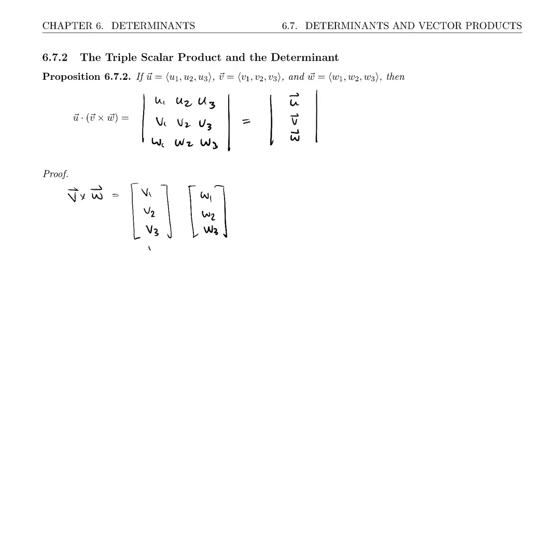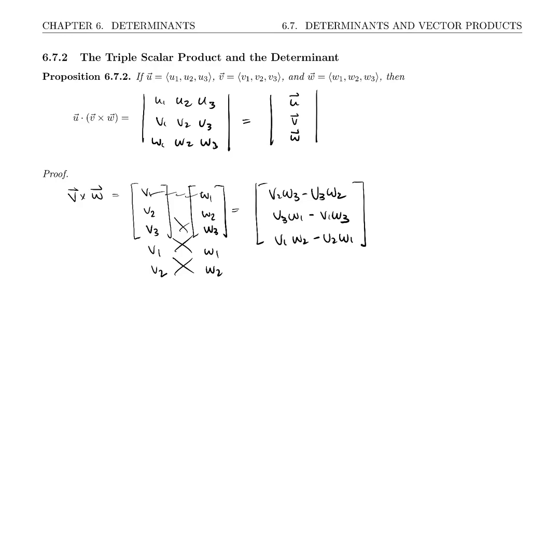We'd recopy the first two entries of each of them, cross out the first row, and do the cross motion. So we have v2 w3 minus v3 w2, v3 w1 minus v1 w3, and v1 w2 minus v2 w1.